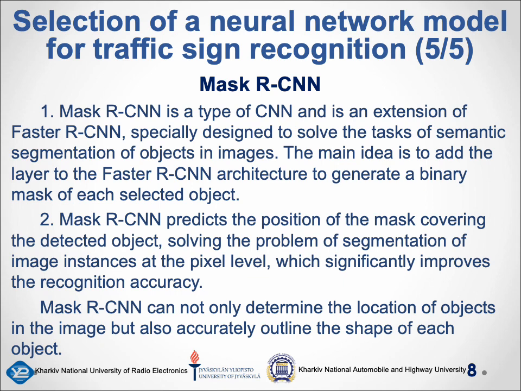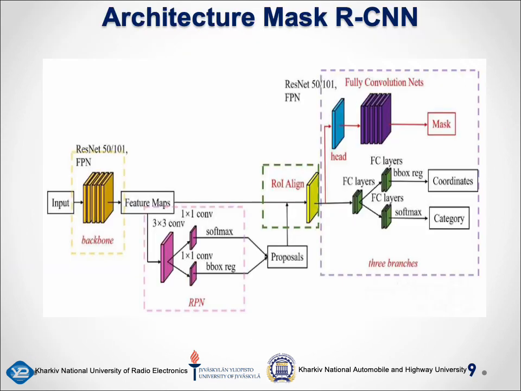Next, Mask RCNN predicts the position of the mask, covering the detected object, solving the problem of segmentation of image instances at the pixel level, which significantly improves the recognition accuracy. And last, Mask RCNN can not only determine the location of an object in the image, but also accurately outline the shape of each object.